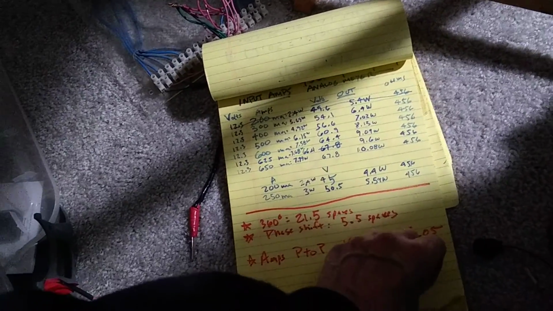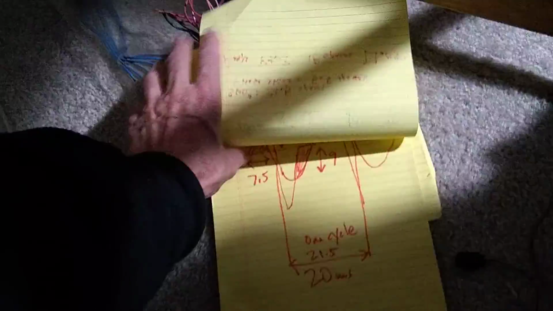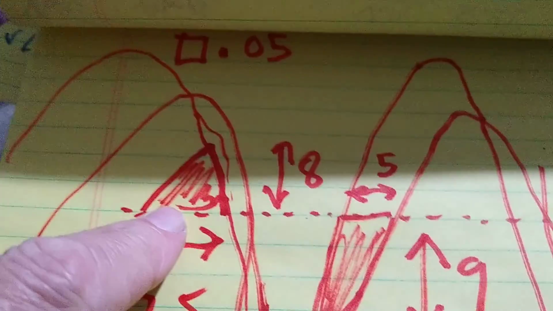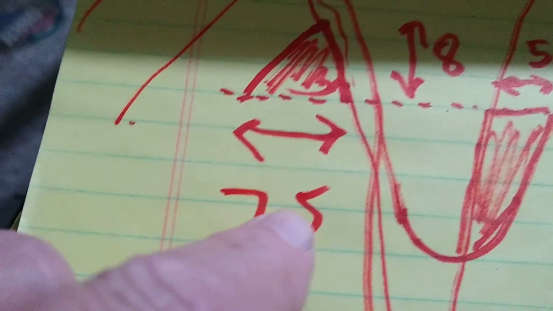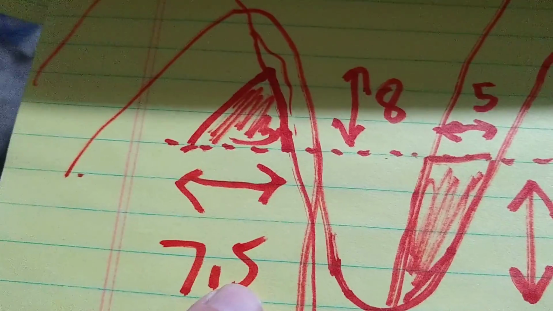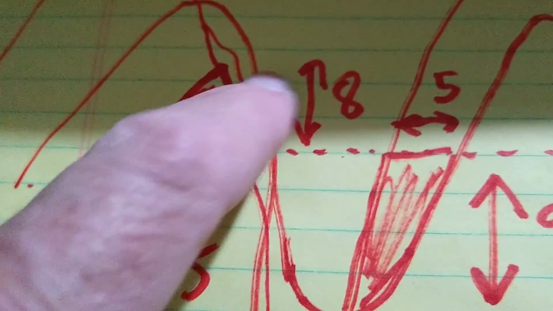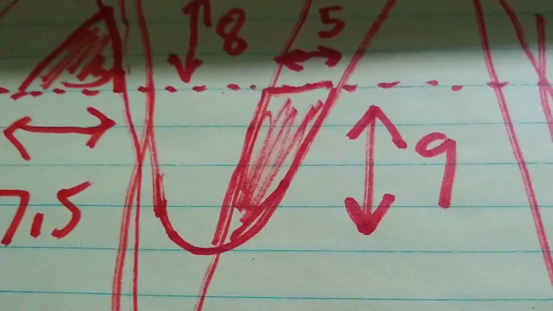So that area of overlap here is 7.5 spaces horizontal, 8 spaces vertical.